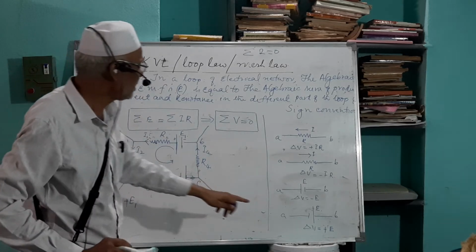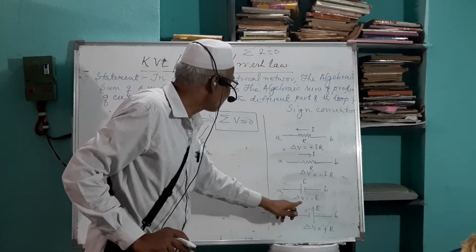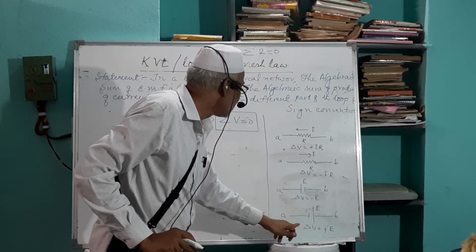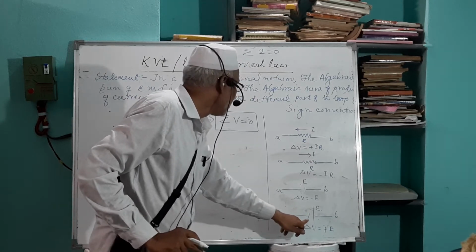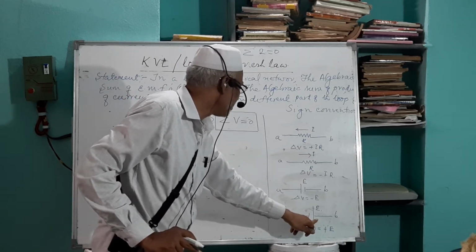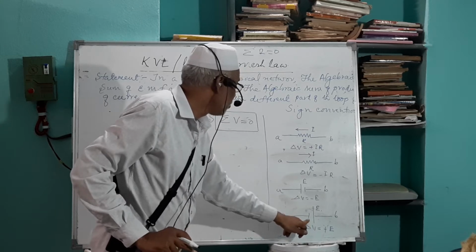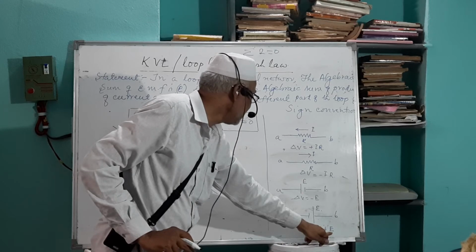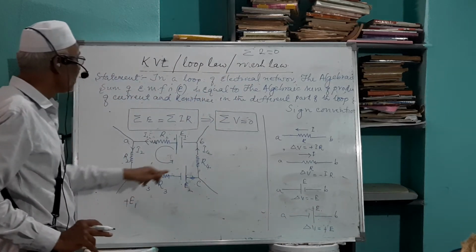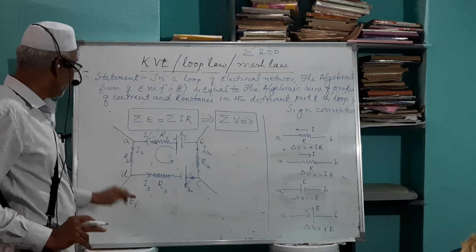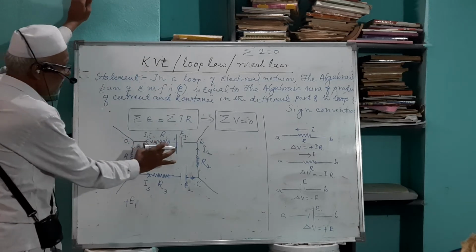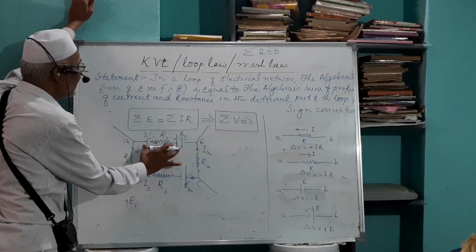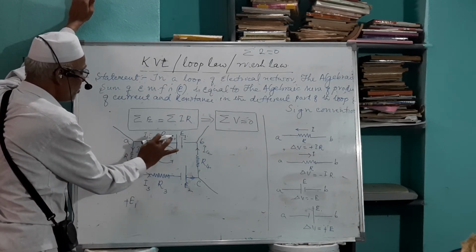You see that here, you are traversing from the lower potential to the higher potential, so the EMF of the cell is positive E. Since it is the first cell, you write E1. Now you come to the IR product, current into resistance.